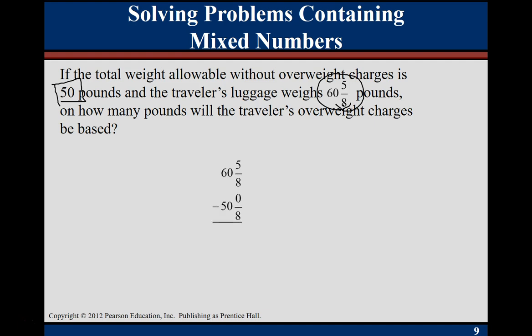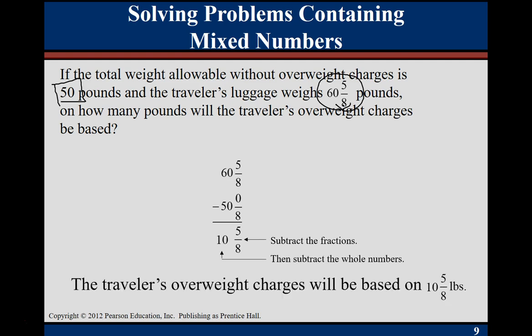That way I have a common denominator, right? If I have a whole 50 and no extra pieces, then it's 0 out of those pieces. Now I can subtract. 5 minus 0 is 5, and 60 minus 50 is 10. So the traveler is over 10 and 5/8 pounds. And that's how you complete operations with mixed numbers.